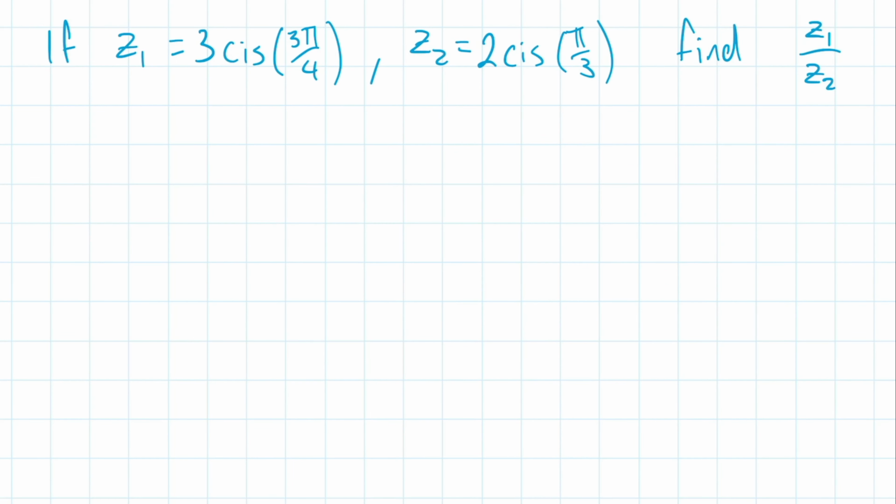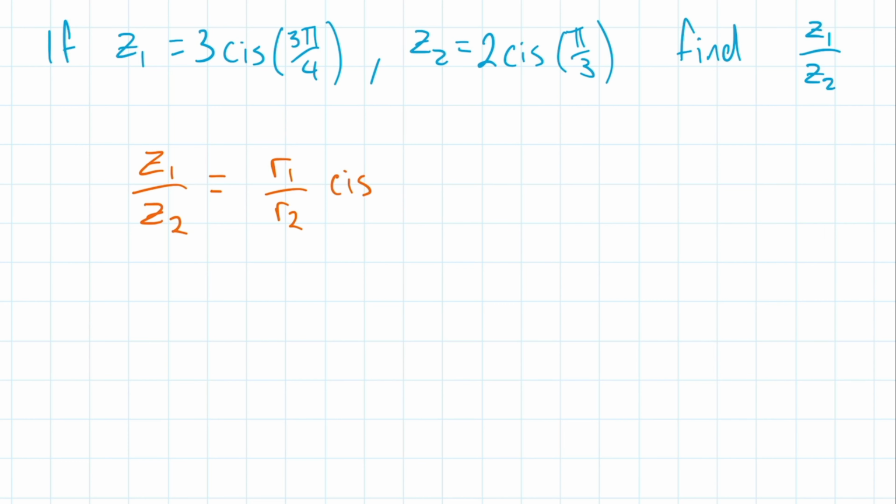Now, if instead of multiplying two complex numbers, I'm dividing two complex numbers, then I have a slightly different rule, and it's very similar to the rule we use with multiplication. If I have Z1 divided by Z2, that is going to be equal to R1 divided by R2.